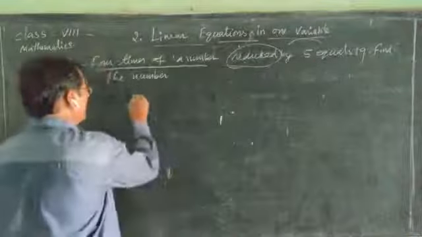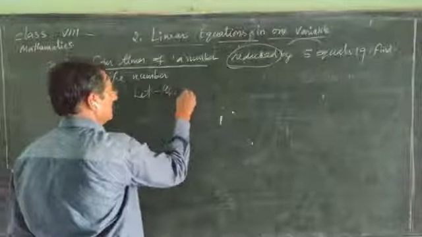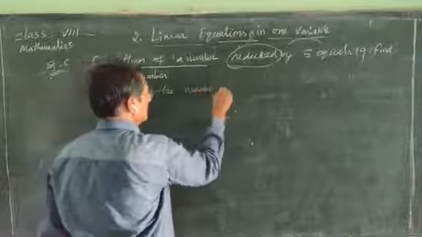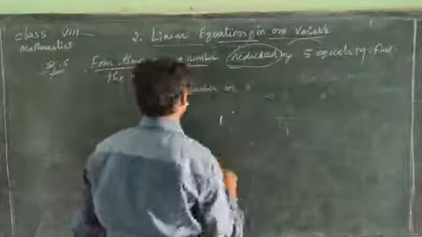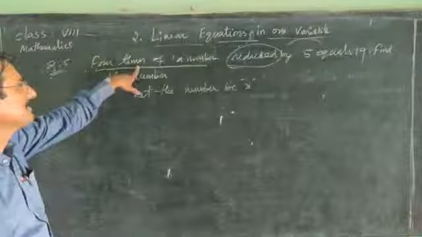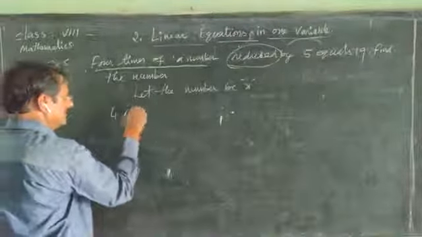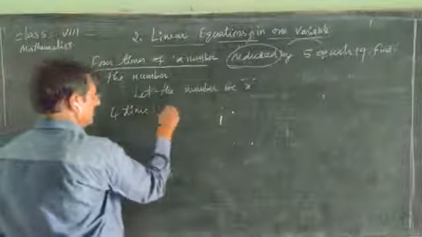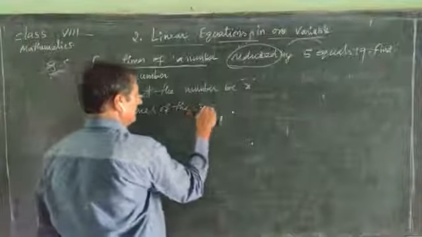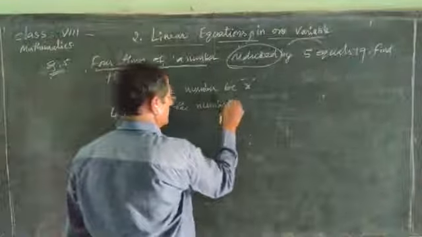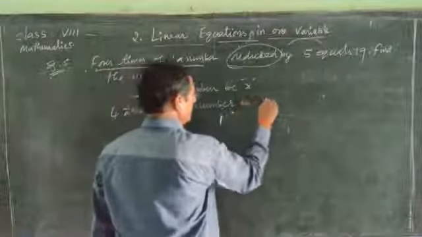So here let the number be x. How many times? 4 times of that number, that will be 4x.